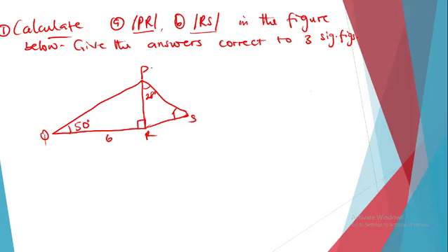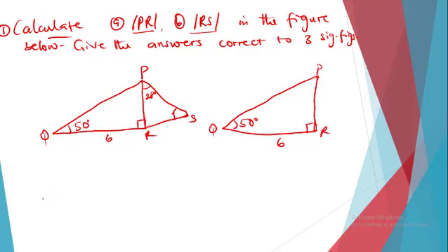The first thing we need to do is to separate this triangle, because there are 2 triangles here. By bisecting it, we have the first triangle to be this. This is 50 degrees, this is 6, this is Q, this is R, and this is P.